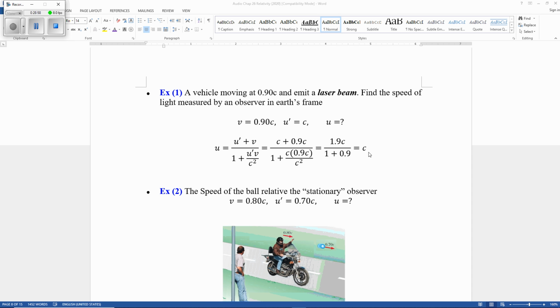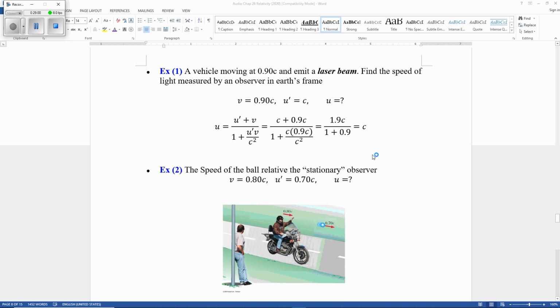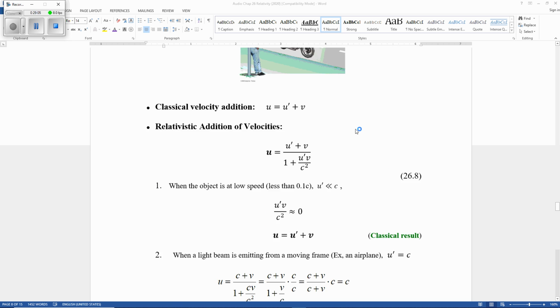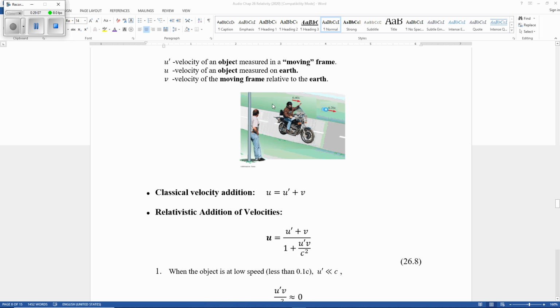Okay, so now we go back to the example we discussed here. We put the numbers in the equation and see what we get. So if you throw a baseball at 0.7c, and your motorcycle travels at 0.8c, then you measure the speed of the baseball on the Earth.